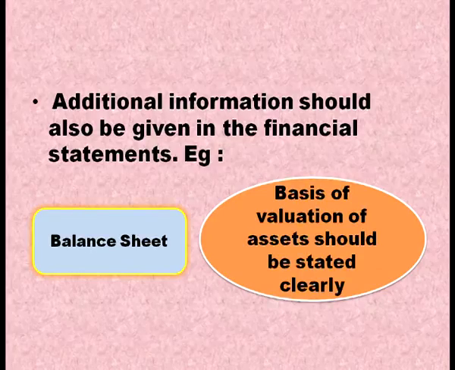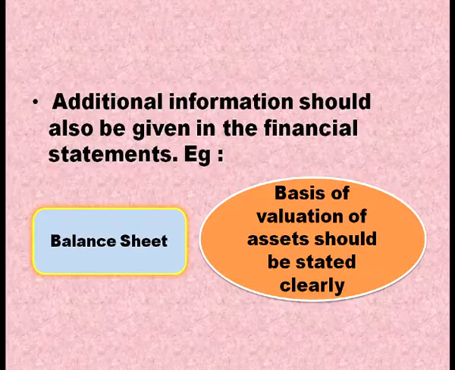Whatever details are available must be honestly provided in the accounts. Additional information should also be given in the financial statements. Basis of valuation of assets should be stated clearly in the balance sheet.